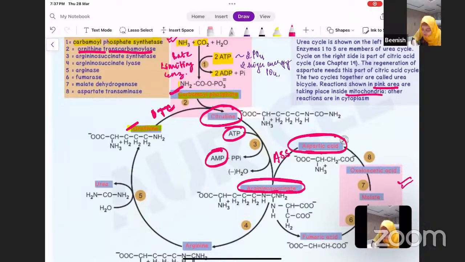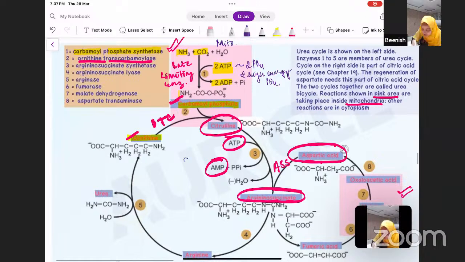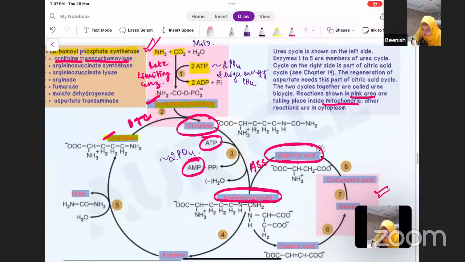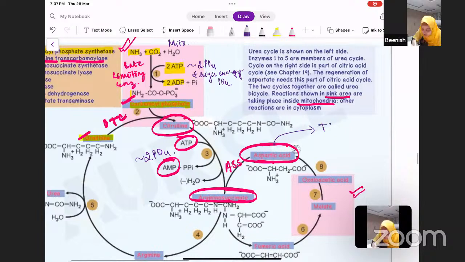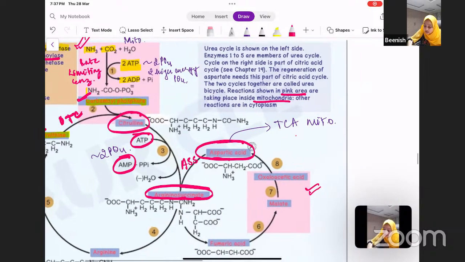In this reaction, you can see one ATP is being used, but it is changing into AMP. So directly you're using one ATP, but it changes into AMP, so it is equivalent to 2 being consumed. And where is aspartic acid coming from?